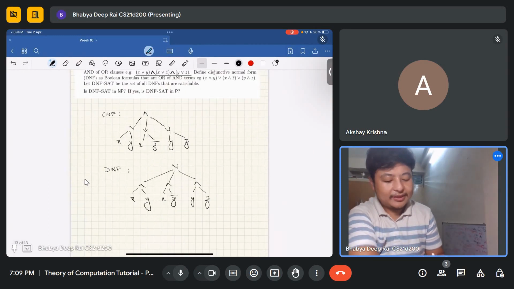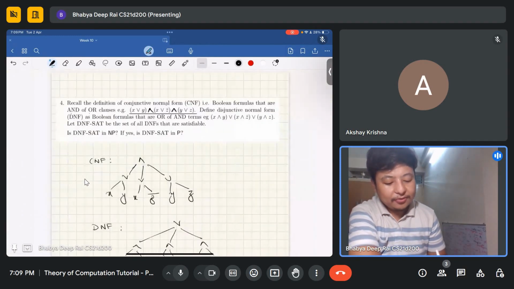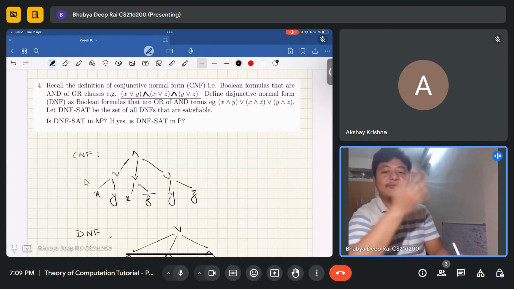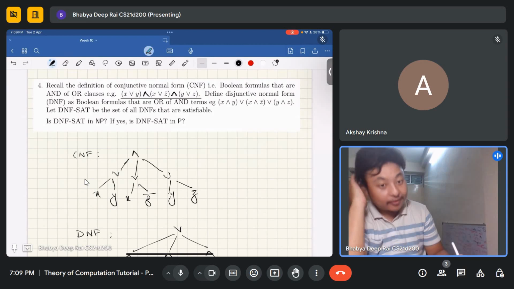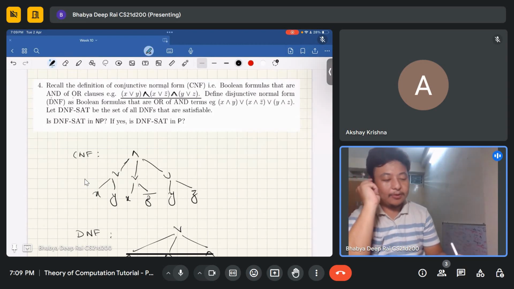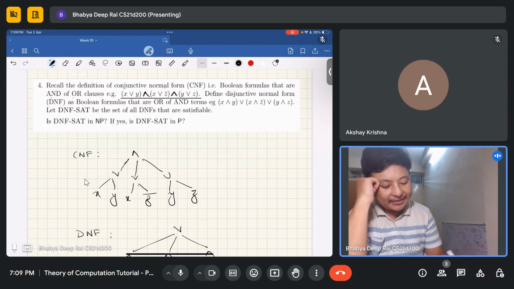So this is DNF. Now, what do you know about CNF? We know that CNFs are actually very difficult to solve. What do I mean by solve? I mean satisfy.